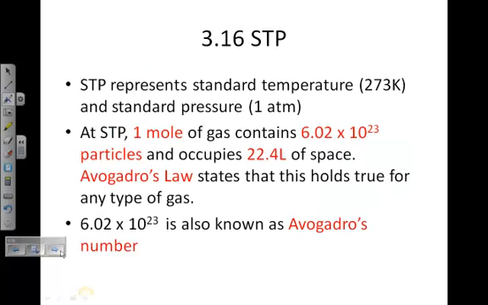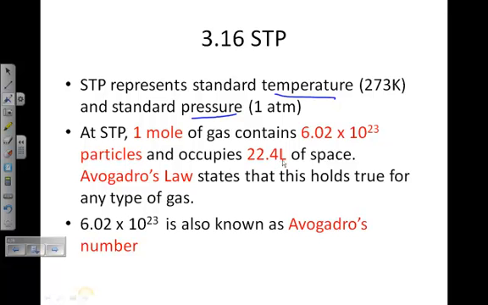A few terms you need to know. STP represents 273 Kelvin and 1 atmosphere pressure. So STP really represents two values, the temperature and the pressure. Also at STP, we know that a mole of gas contains 6.02 times 10 to the 23 particles. That's a lot of particles, and it takes up the space of about 11 2-liter Coke bottles.